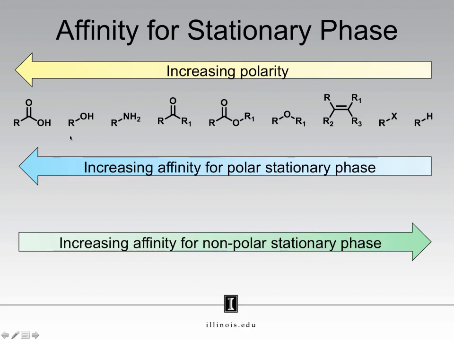The take-home message here is that polar compounds stick better to polar stationary phases. Non-polar compounds stick better to non-polar stationary phases. The stronger the affinity of a compound for the stationary phase, the stronger a compound sticks to the stationary phase, the less distance it will travel in a TLC experiment.